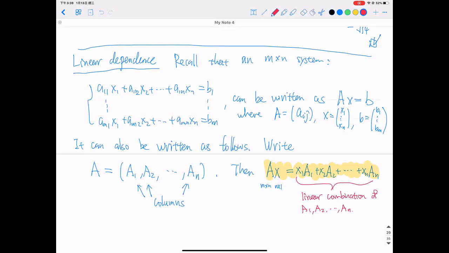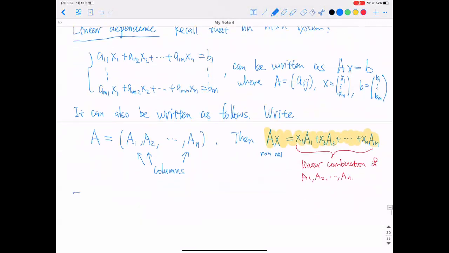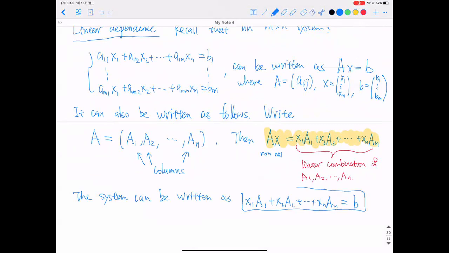And the linear system can be written, therefore, as this linear combination equaling B. That's a different way of thinking about linear systems.